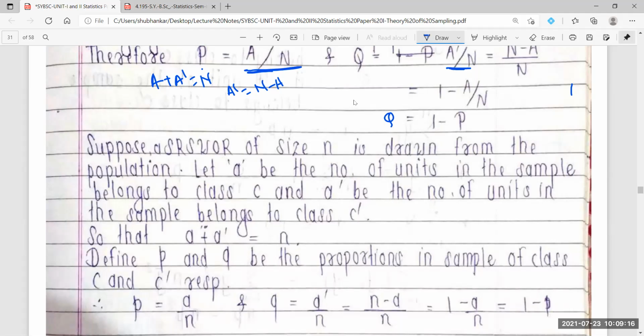Suppose a simple random sample without replacement of size small n is drawn from the population.